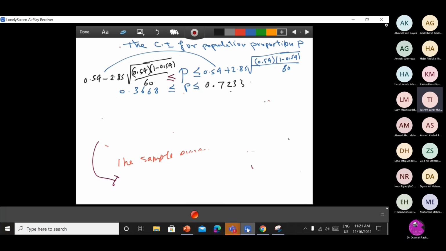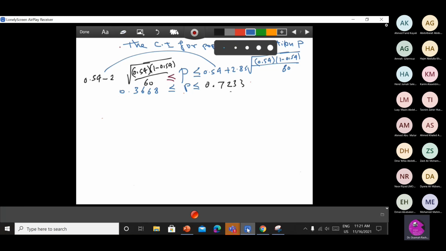Doctor, I have another question, please. Go ahead. Doctor, you substituted the Z value with 2.85, but didn't we find it as 2.585? Ah, sorry, yeah, this is my mistake. Thank you so much. Instead of writing 2.58, I wrote 2.85.